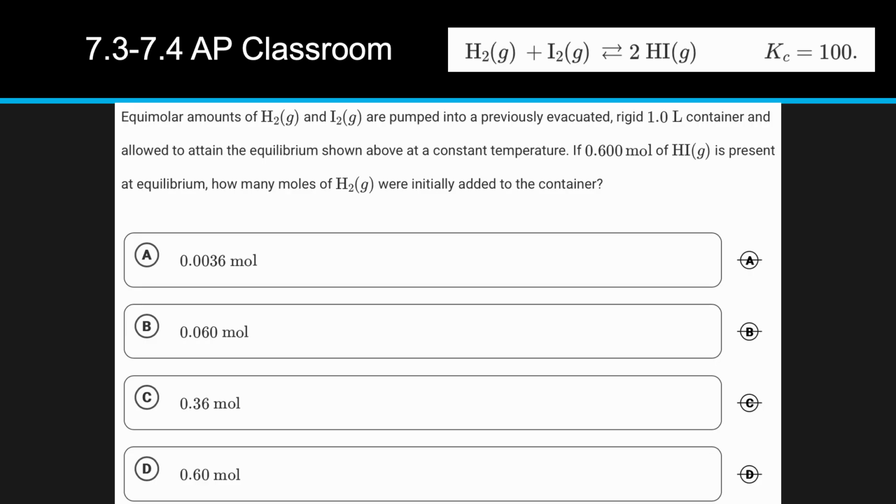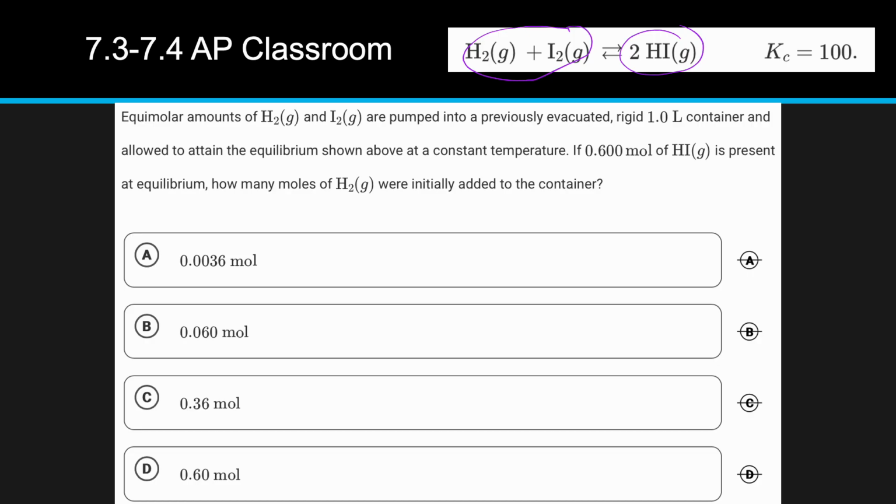Because the reaction starts with equimolar amounts of H2 and I2, the amount of reactant that is consumed is directly related to the amount of product that's formed, because we have 2 moles of reactant to 2 moles of product. So since the problem states that 0.6 moles of HI is present at equilibrium, that means we consumed 0.3 moles of H2 and 0.3 moles of I2.